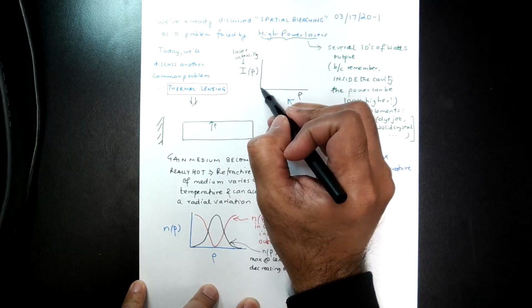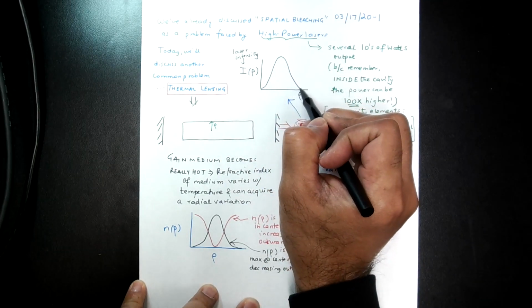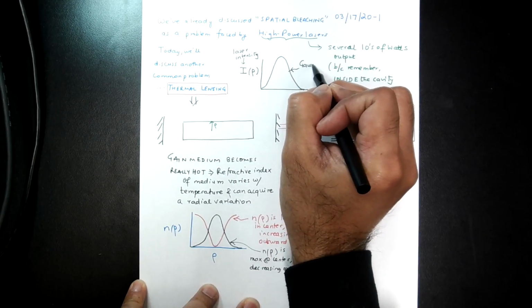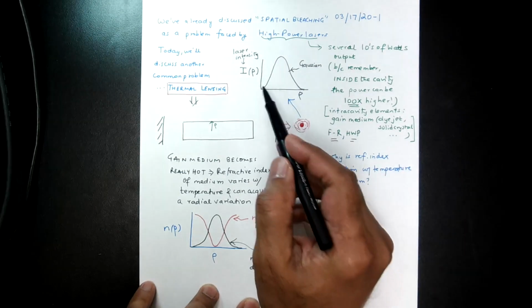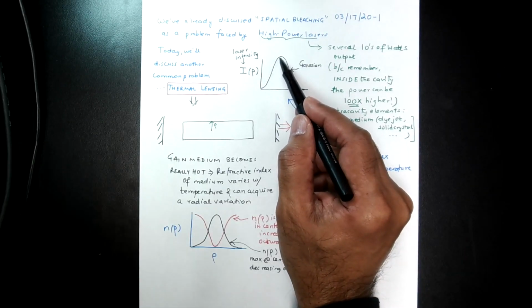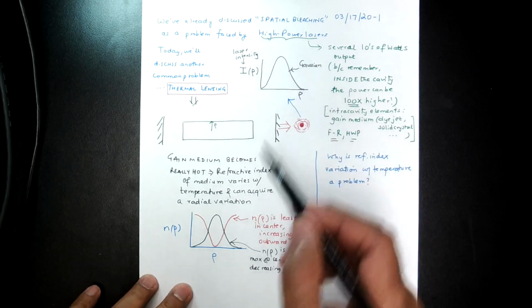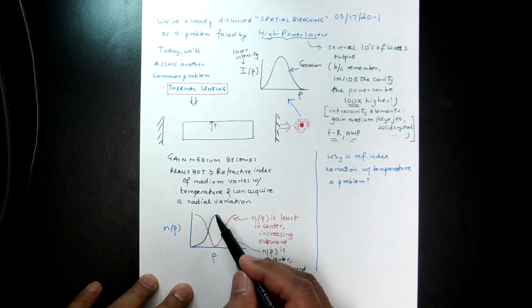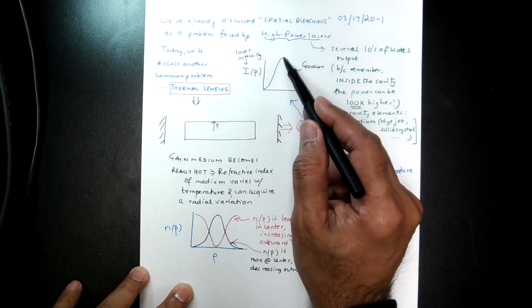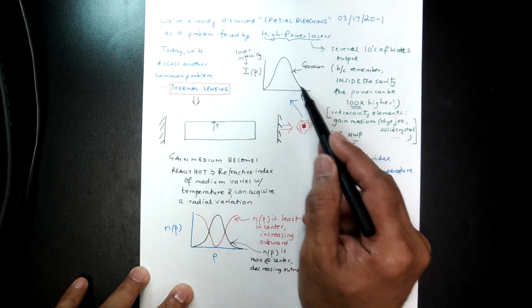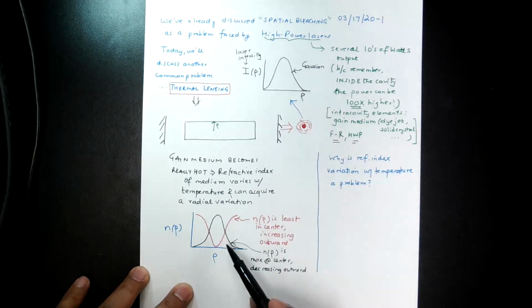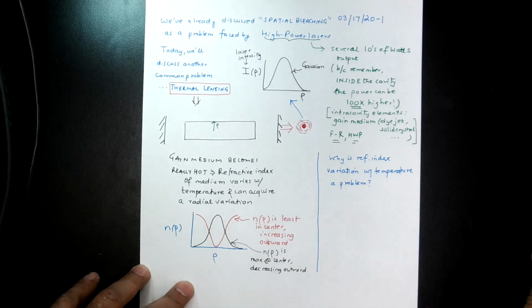Well, it's a Gaussian, right? And so because of this variation of the intensity, it's more intense here, therefore hotter here, right? And that can cause either the refractive index to be maximum or minimum. It can go either way. And then the refractive index changes as the temperature changes because you're less intense and therefore less hot on the sides. Okay, so that's why the refractive index is changing.